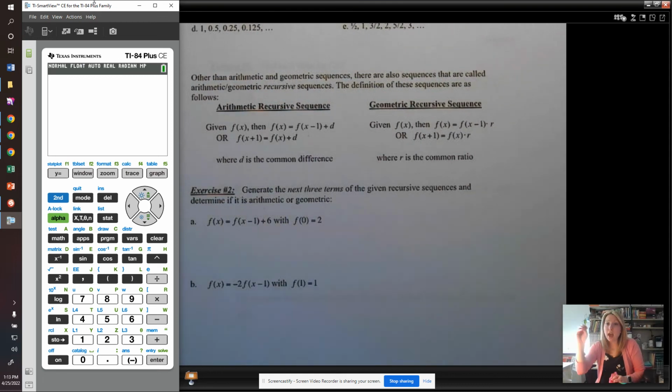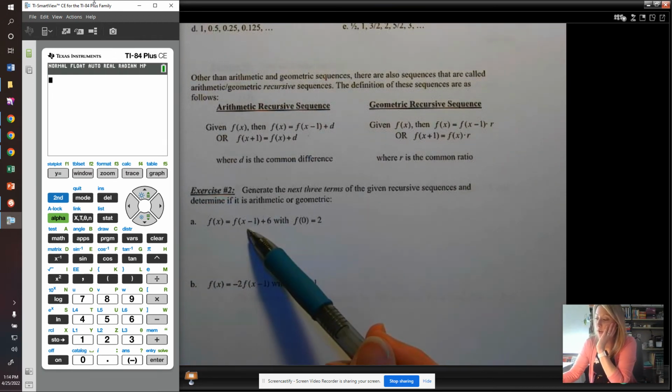So you have to plug in each step along the way. This is a little bit different. You have to show all of your work to get from the initial term you're starting with to all the subsequent terms. You have to use that previous answer to plug back in and find the next answer. So recursive sequences are a little bit different, okay?